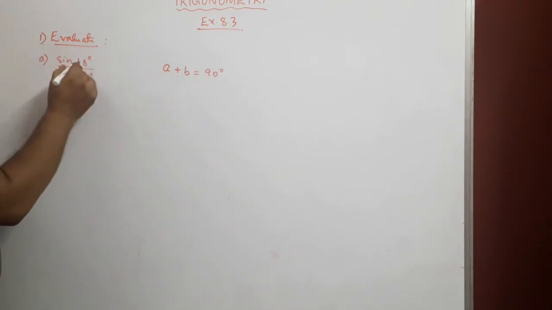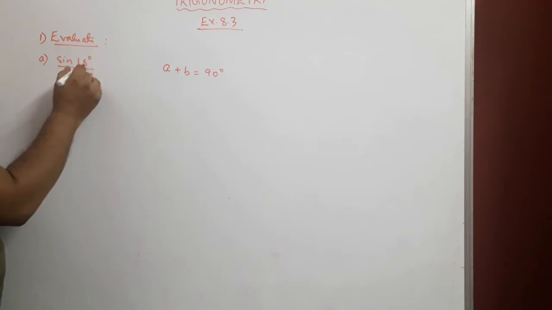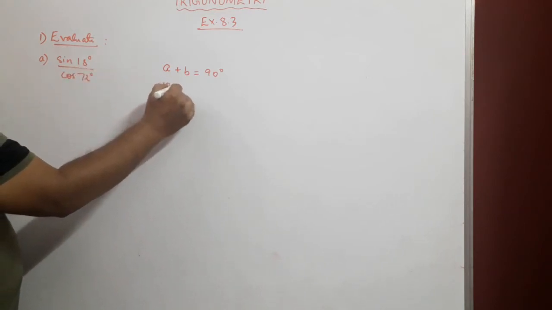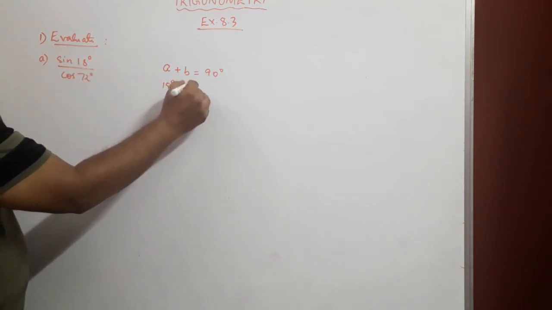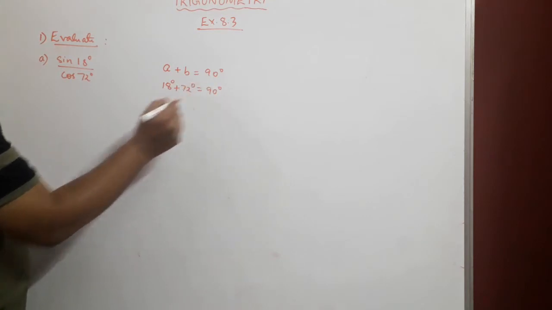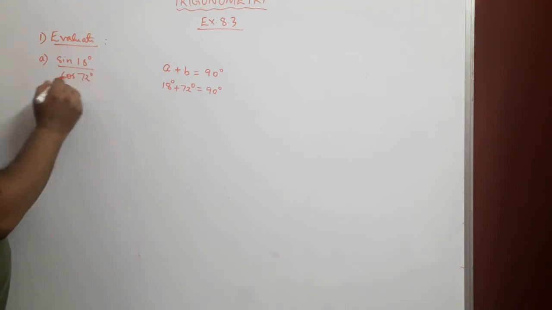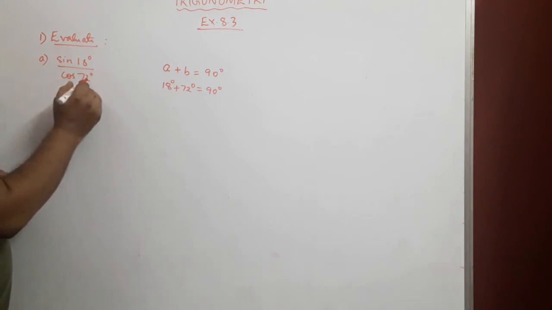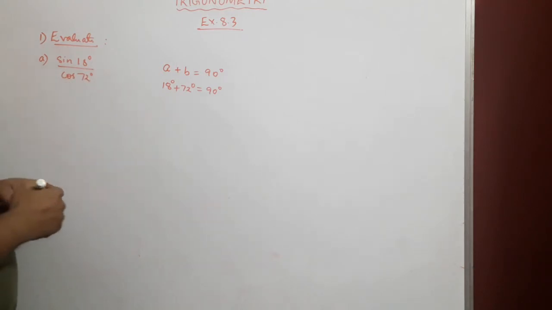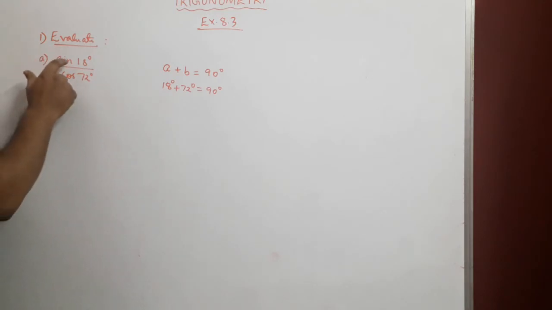So over here, this is 18 degrees. If to that 18 degrees we add 72 degrees, we will get 90 degrees. And the angle in the denominator is 72 degrees. So our objective over here will be to convert this 18 degrees to 72 degrees.